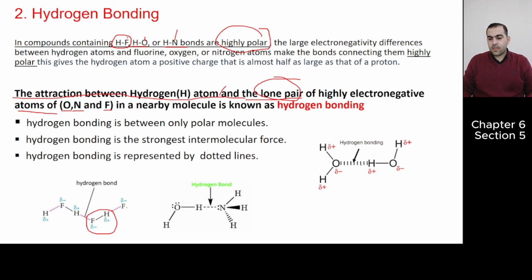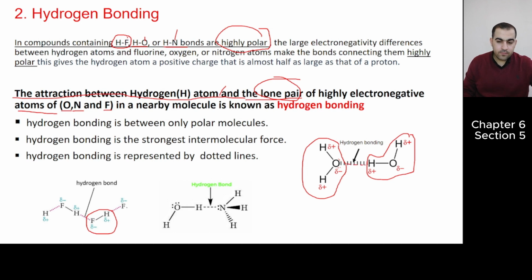Here, guys, this is H2O, a polar molecule: hydrogen, oxygen, oxygen, hydrogen. These are highly polar bonds. So we can say the attraction between hydrogen in a molecule and lone pairs of oxygen in another molecule is called hydrogen bonding.